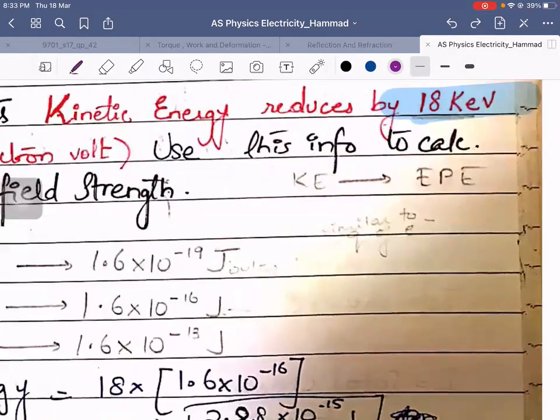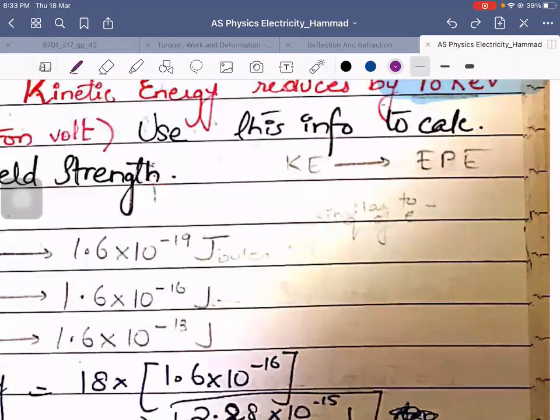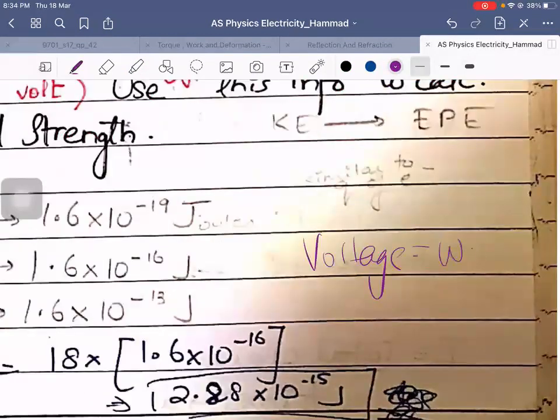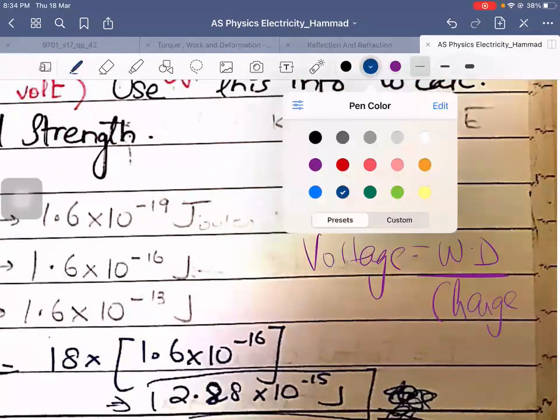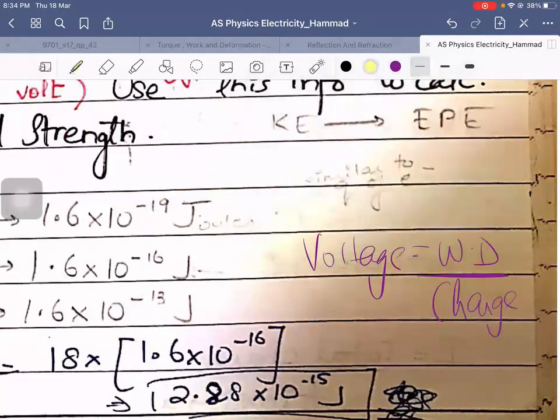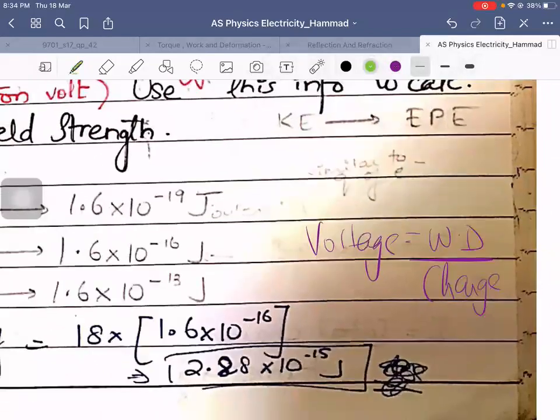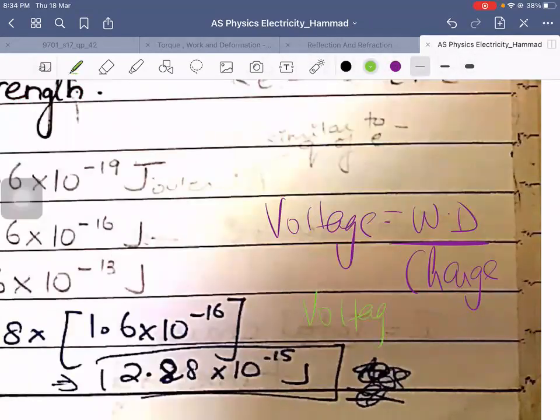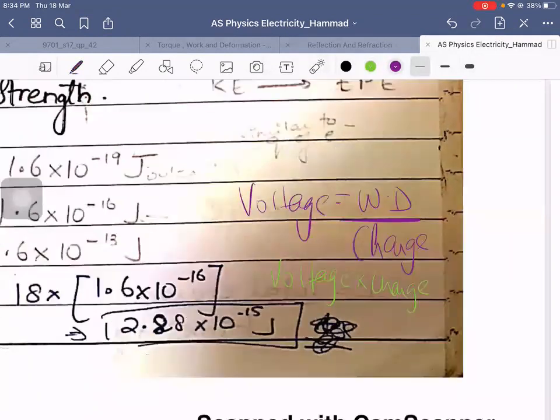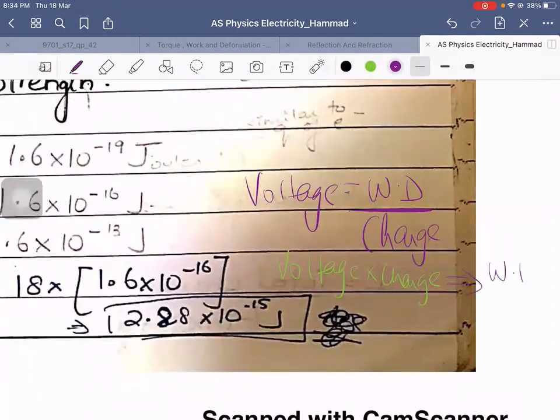We have the formula voltage is equals to work done upon charge, work done or energy upon charge. Voltage into charge can be equated to work done or energy.